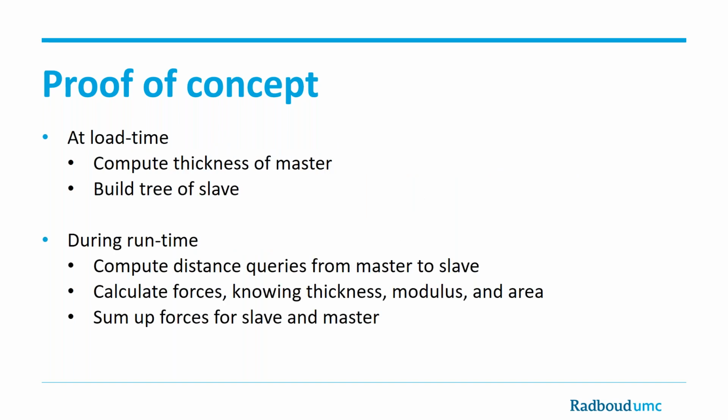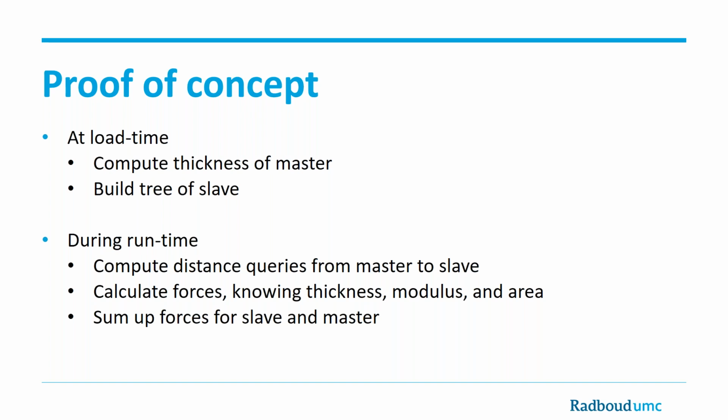So essentially, we have two different times. We have the load time, in which the thickness of the master object is computed, and then we can build a tree representation of the slave. And at runtime, when we actually want to simulate the two contacting bodies, we can use this model to compute distance from master to slave.